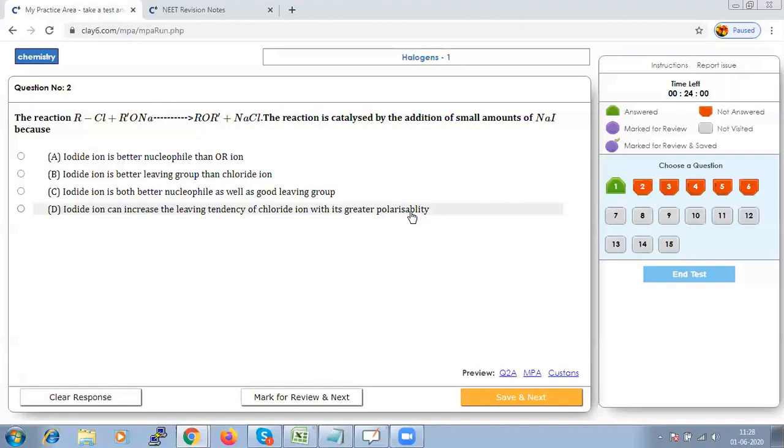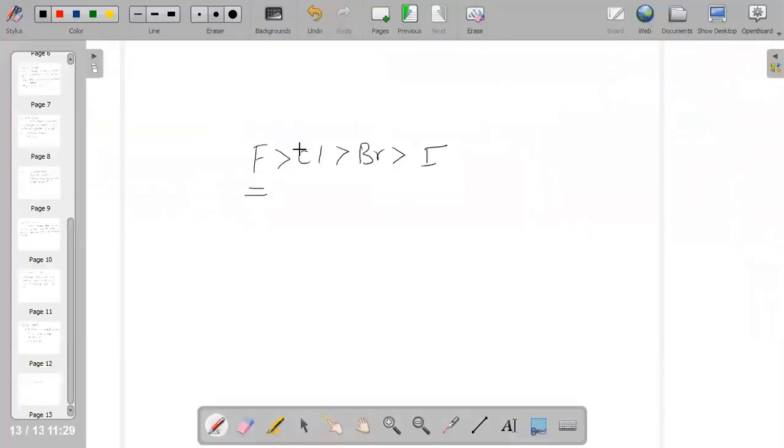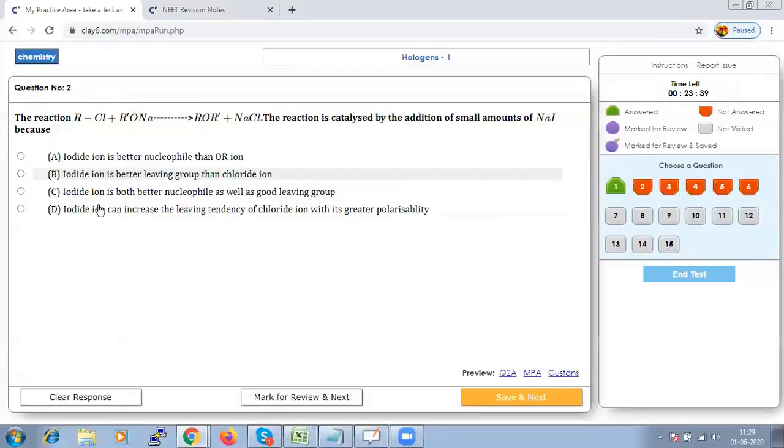We should remember the electronegativity order of halogens, so we conclude that iodine is the least electronegative, and hence it is a very good leaving group, and also a very good nucleophile. Hence the iodide ion is both a better nucleophile and a good leaving group, so the reaction is catalyzed by the addition of a small amount of NaI. Let us save that and go to next.